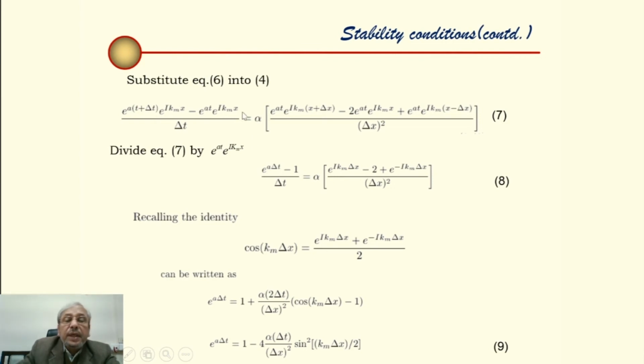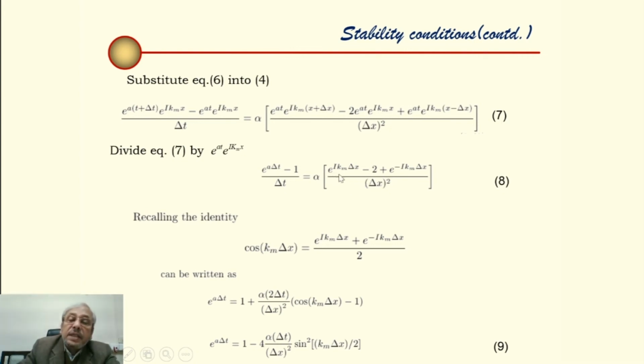Now if we divide both sides by e to the power at e to the power I km x, on the left hand side we will be left with (e to the power a delta t minus 1) by delta t, equal to alpha, and here (e to the power I km delta x minus 2 plus e to the power minus I km delta x) divided by delta x square.